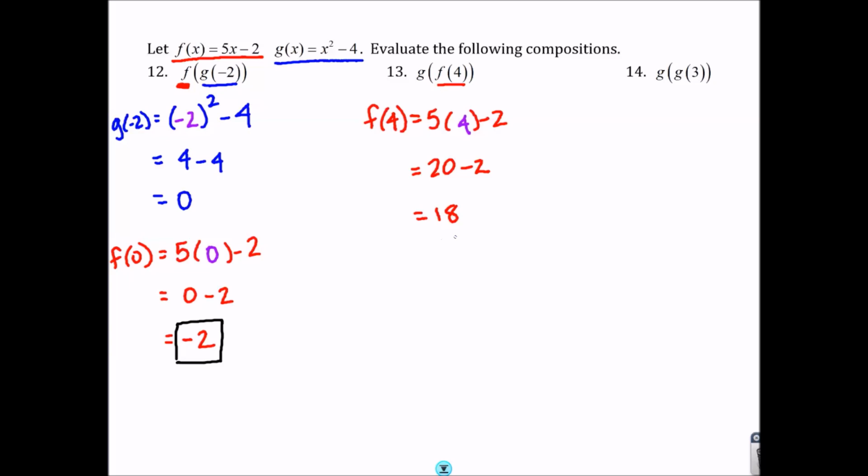Then we're going to take that answer and plug it in for g of x. So we end up with 18 squared minus 4. So 18 squared is 324, minus 4 gives us 320.